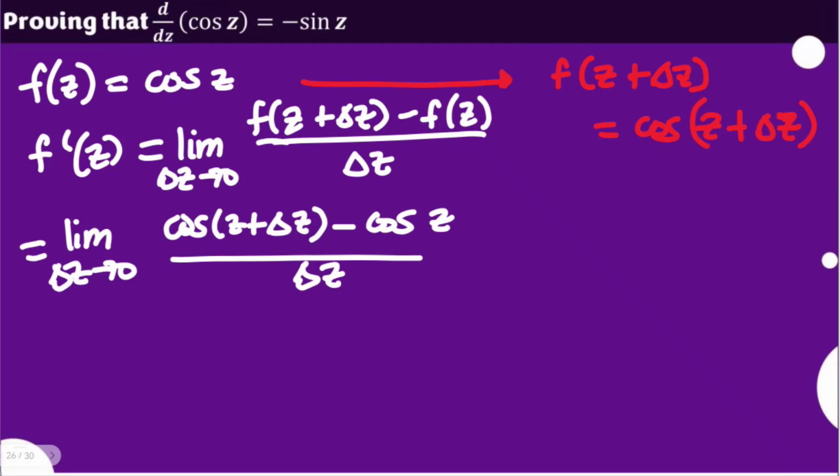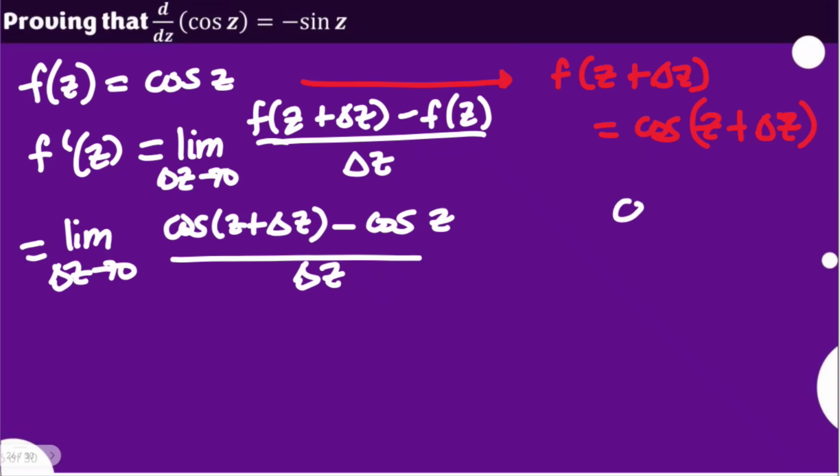Please remember that we cannot simplify this yet because this approaches 0, and we can no longer add them automatically because they have different components. What we can do here is provide an equivalent form of the first function of the numerator, which is the sum formula of cosine.